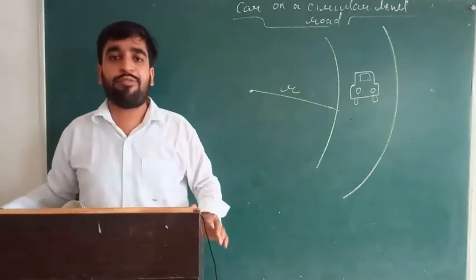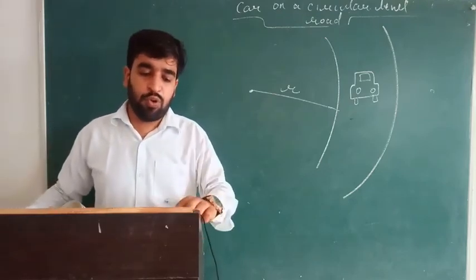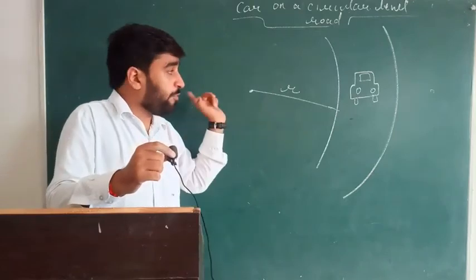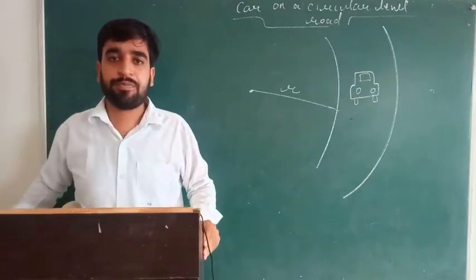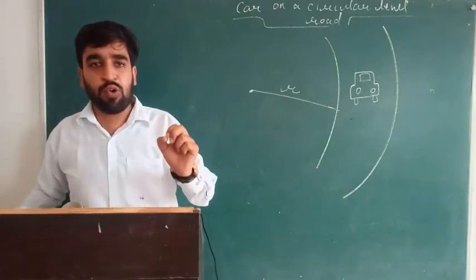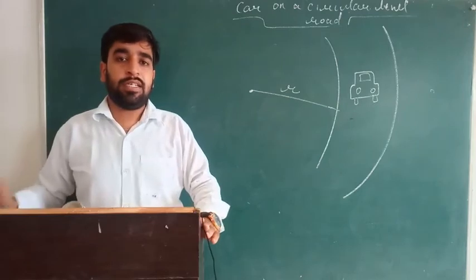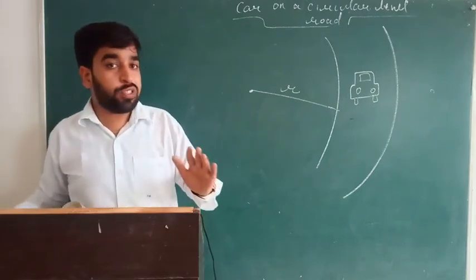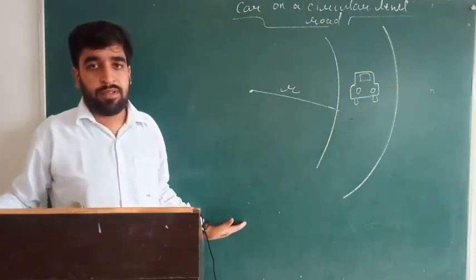So what is that force? We already have discussed this force, and the force which is skidding our tires away from this circular frame is the centrifugal force. A centrifugal force is the force which always tries to push the body in the direction opposite to the circular path.